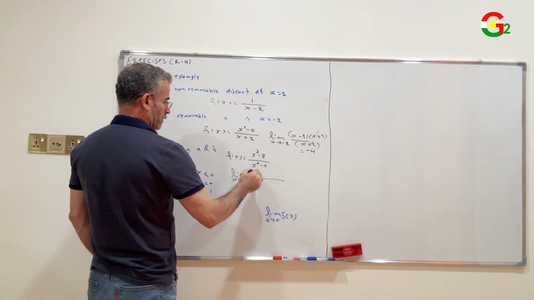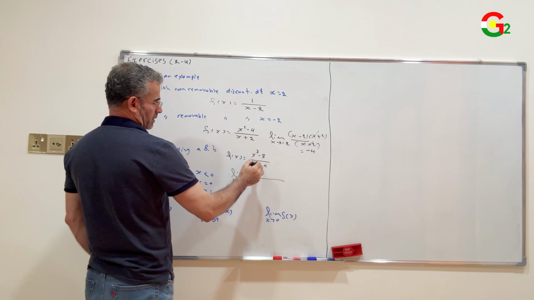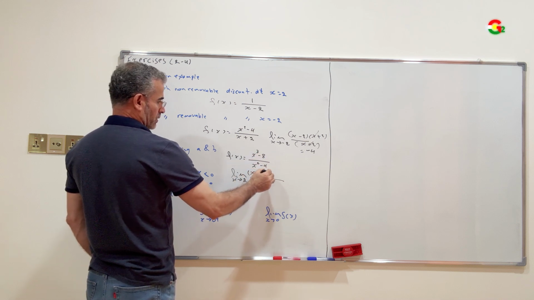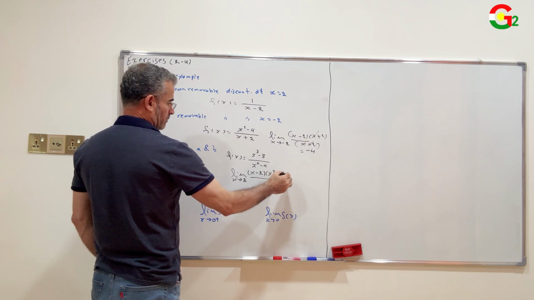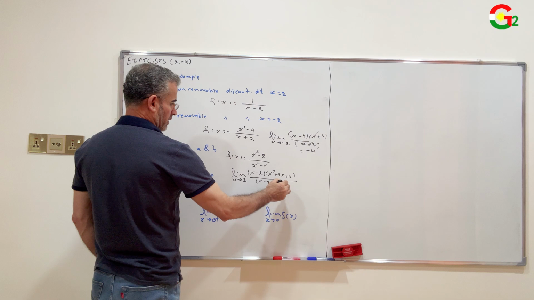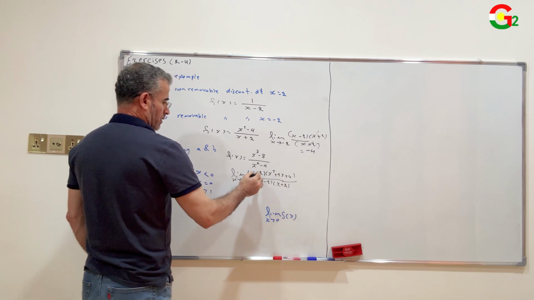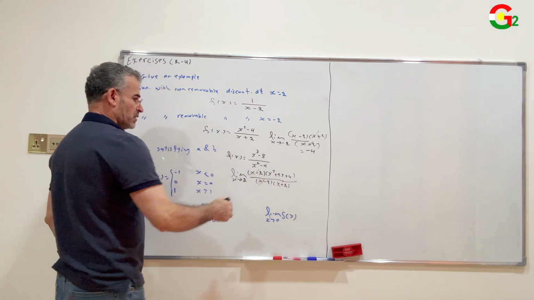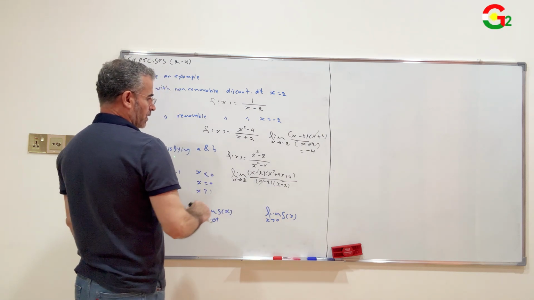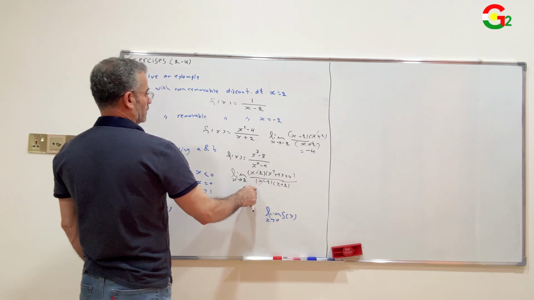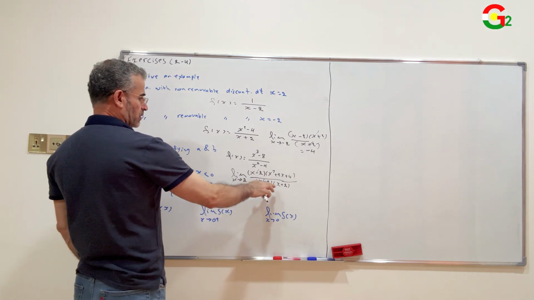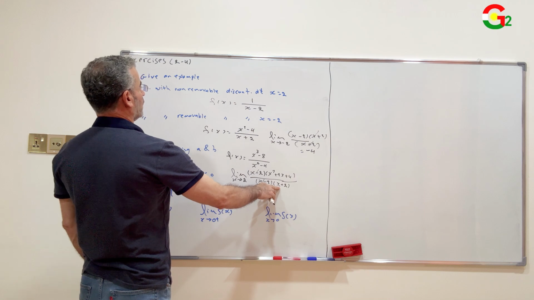Then analyze the difference of two cubes: x minus 2, x power 2 plus 2x plus 4, over x minus 2, x plus 2. Reduce x minus 2 with x minus 2. This function has a removable discontinuity at 2 and a non-removable discontinuity at -2.